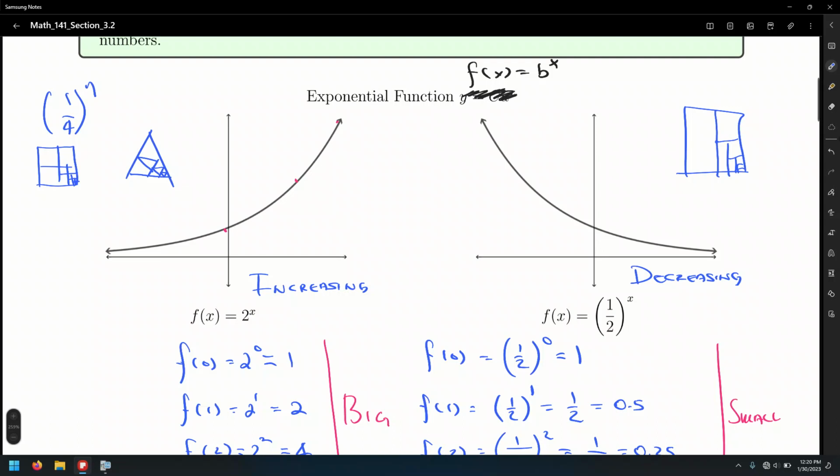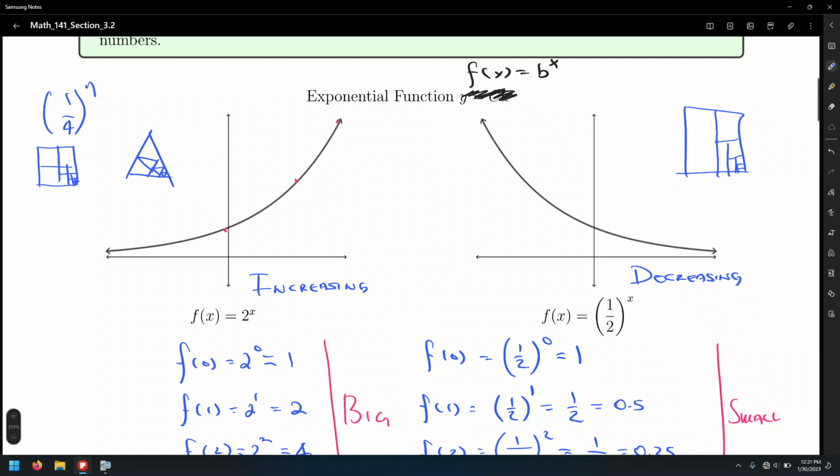It's one-to-one because it passes the horizontal line test. That's the most important thing, because then this exponential function will have an inverse. I'm not going to spoil anything: it's called the logarithmic function, and you'll see how that works later.